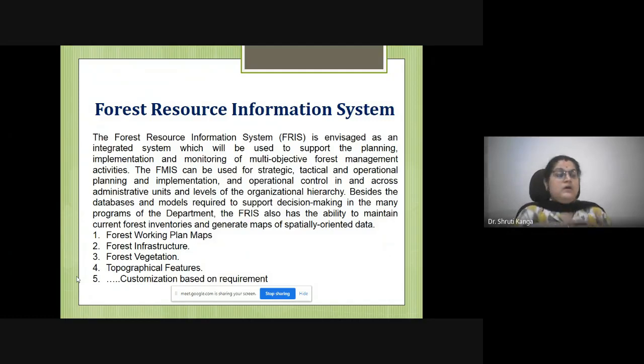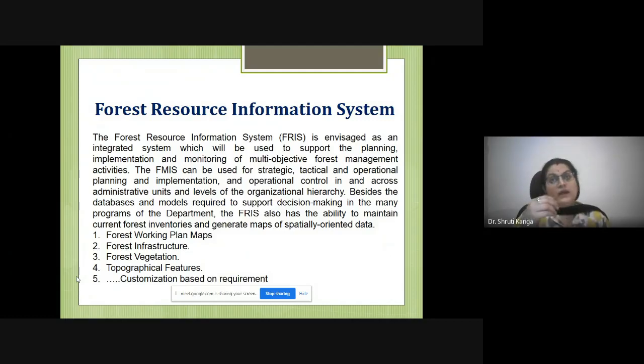Okay, so as we know that we have different hierarchical structures starting from a forest guard to PCCF level, and on the other hand, if you see in case of different ministries, especially MOEF, which basically deals with these forest resources.